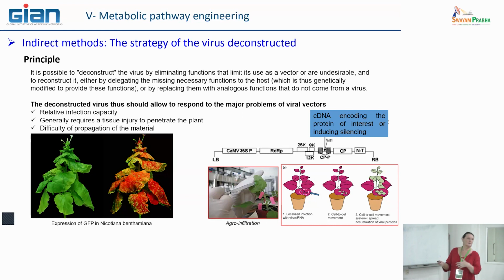So it is what I say to you: you can compare a transformed leaf to an untransformed leaf in order to see if there is some differential expression of gene or protein, and so on.